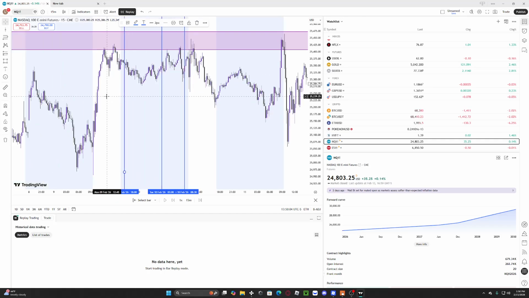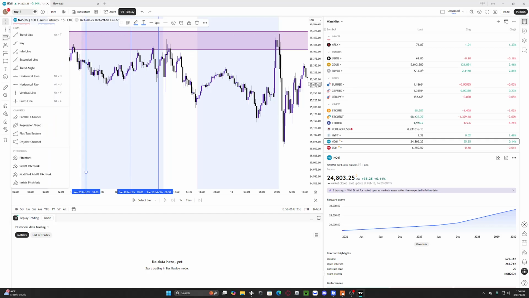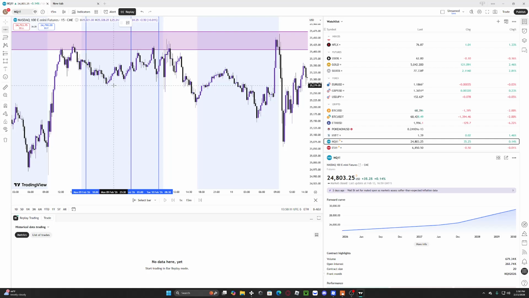Alright, so then I'll mark out the highs and lows of each session. So we have these lows for Asia, and London highs. I'm not going to mark out Asia highs because they've already been pushed through.